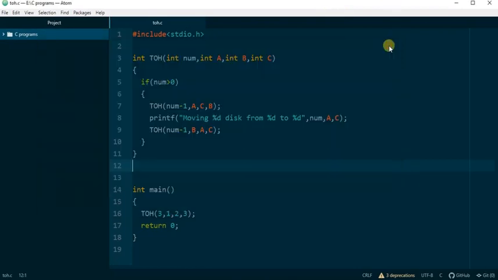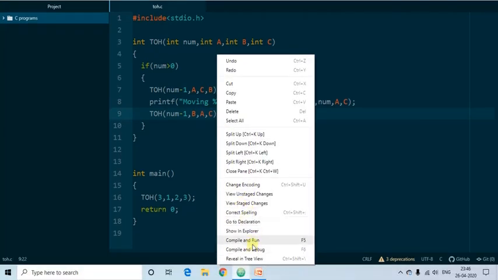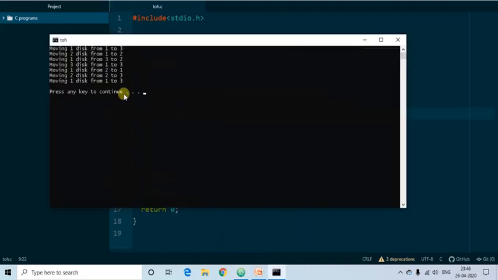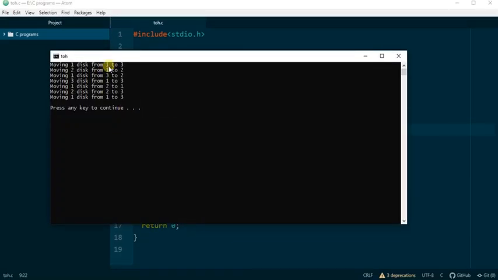Let me use some backslash n, because it is not on the same line. First the disk is moved from 1 to 3, then 1 to 2, then 3 to 2, 1 to 3, 2 to 1, 2 to 3, 1 to 3. We got the answer.